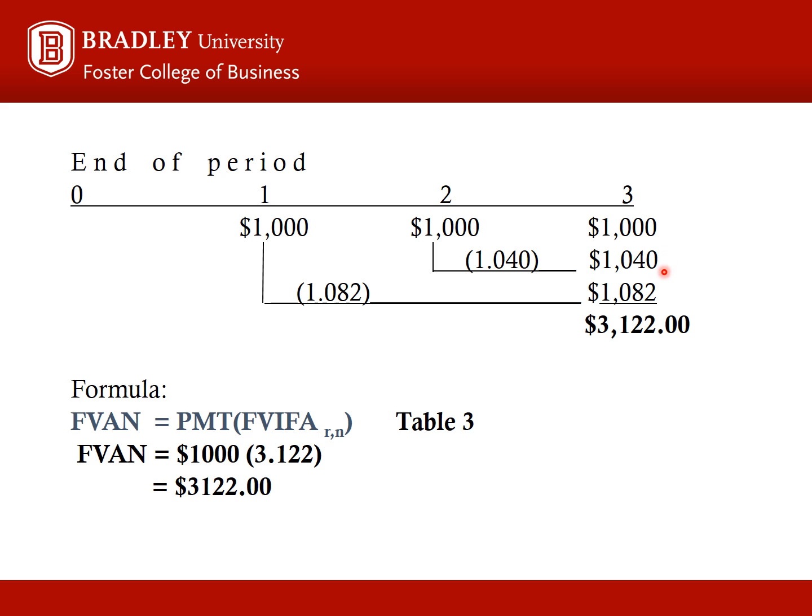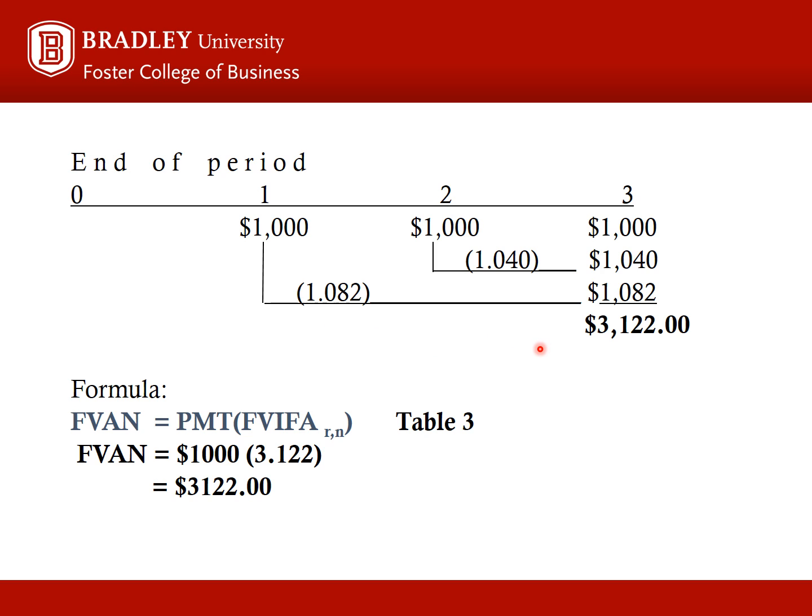So now you sum these up to find out your total amount in your account at the end of year 3, and you find out you have a total of $3,122. This is one way you could solve the future value of an annuity, but as you might guess, if you had a 20 or 25 year annuity, this would get rather monotonous.